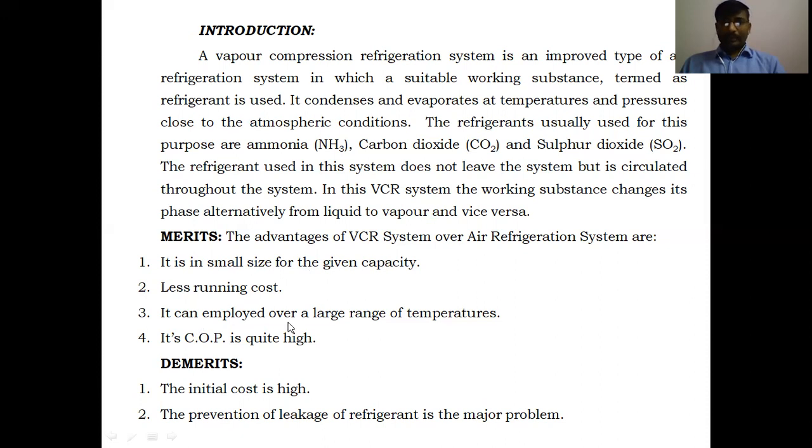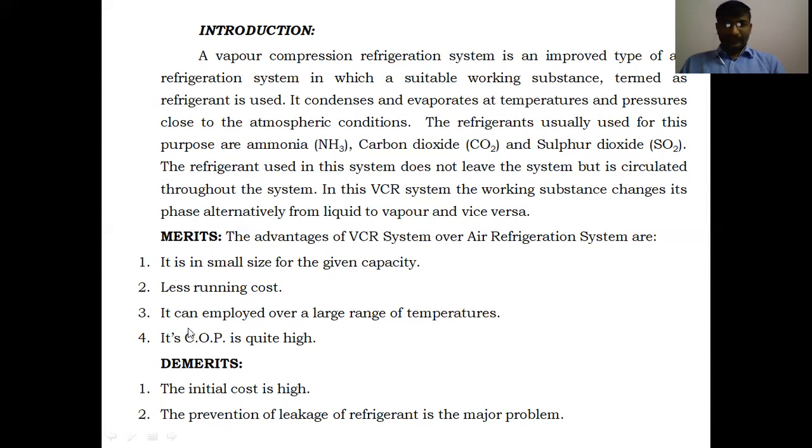And it can be employed over a large range of temperatures. What it means is the VCR system works between a large range of temperatures. That is, even if the condenser and evaporator temperature difference is very large, the VCR system can work. There is a limitation in this case for the air refrigeration system, because it does not work between a very large temperature difference.